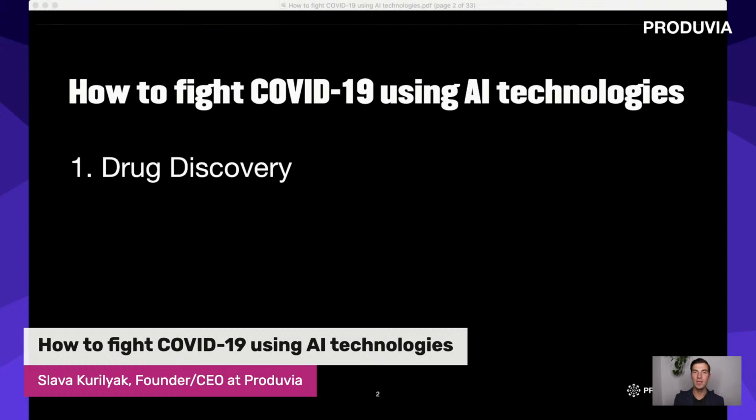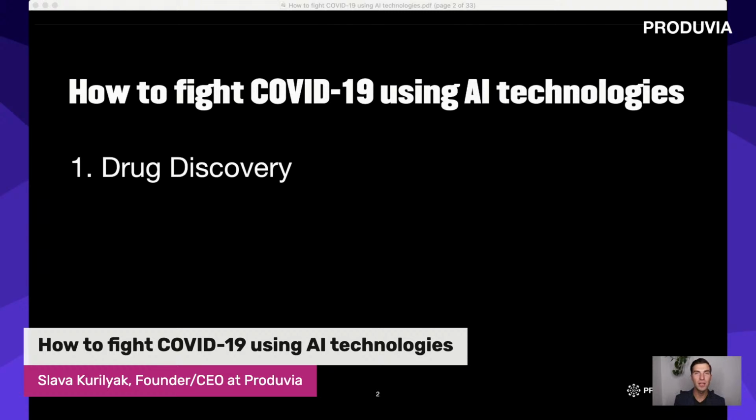Drug discovery is one of the best ways to use AI technology today. It is where the most money can be made using AI technology. Imagine what would happen if companies today found the vaccine, found the antiviral drug to COVID-19.